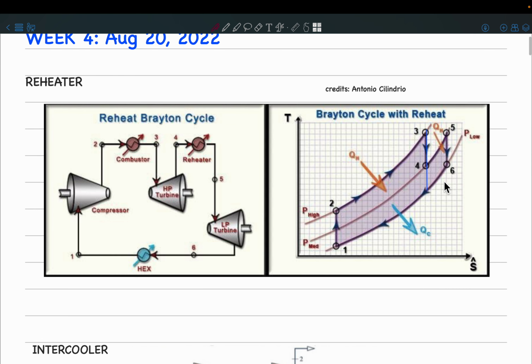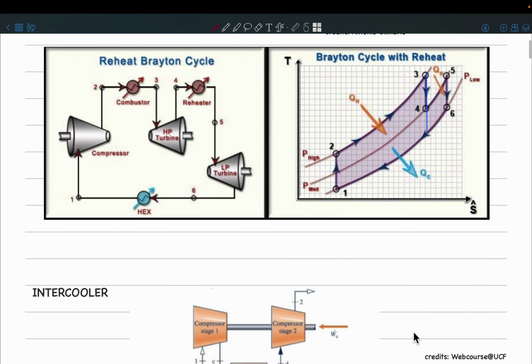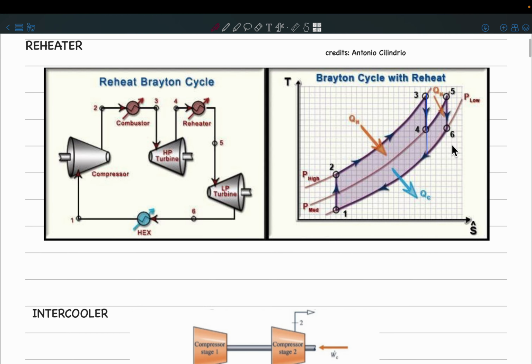Okay, so here again, I'll tell you what happens. Let's go back to the combustion chamber. You are raising the temperature from this particular value T2 to some T3, and this is happening at a pressure, let us say, P2.